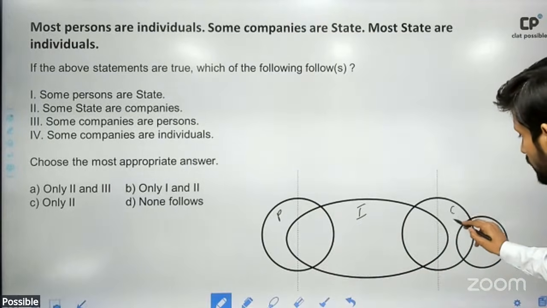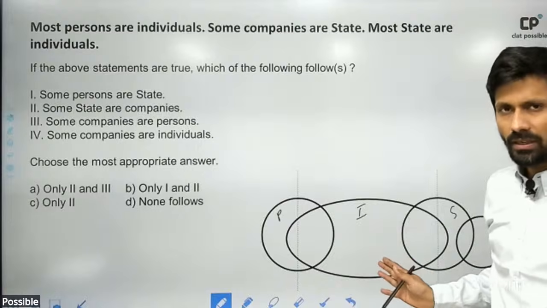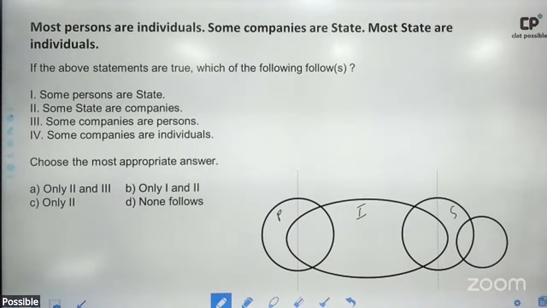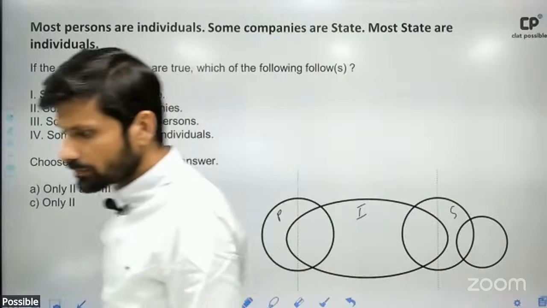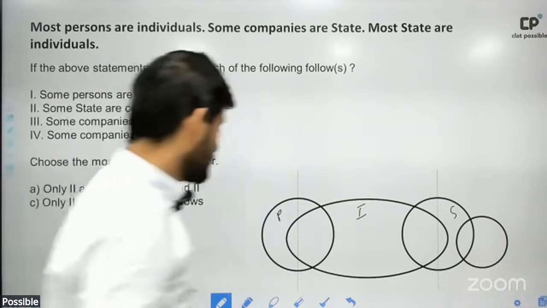Most state are individuals, again state ka more than half will be individuals, and that's what we drew, right? Okay, all right.